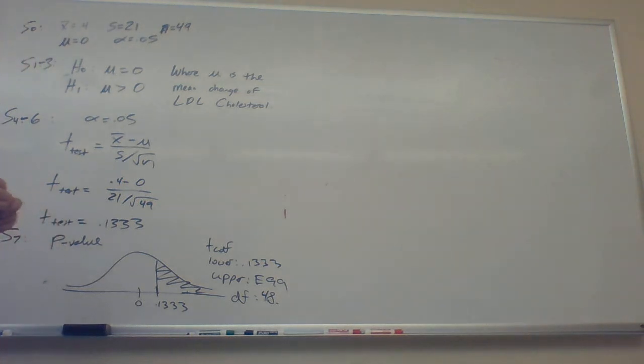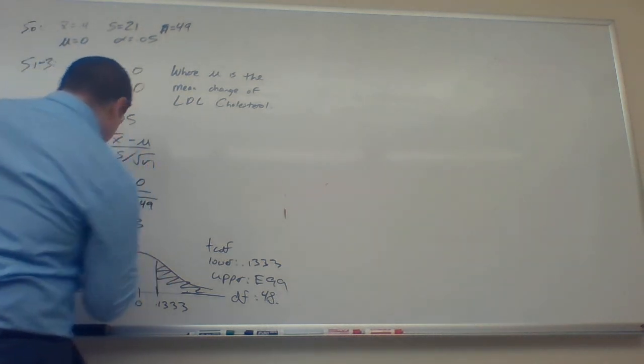So I'm going to input that, do tcdf, 0.133, upper infinity, degrees of freedom 48. 0.447 is our p-value.